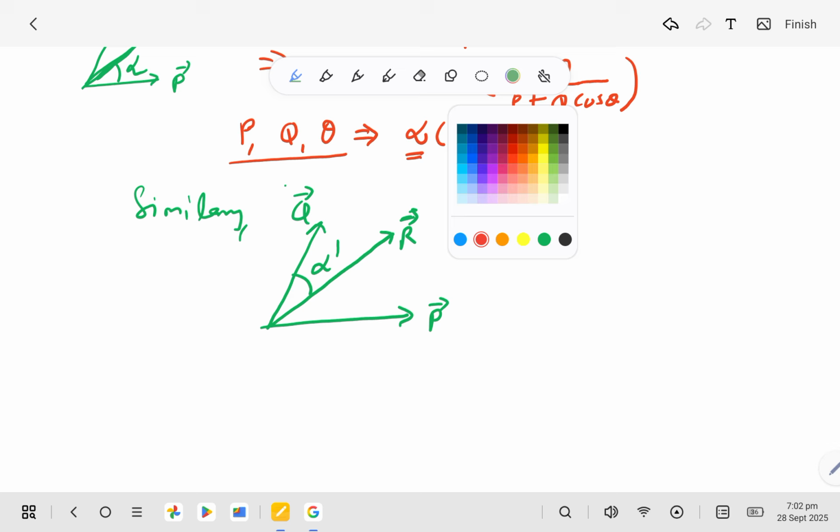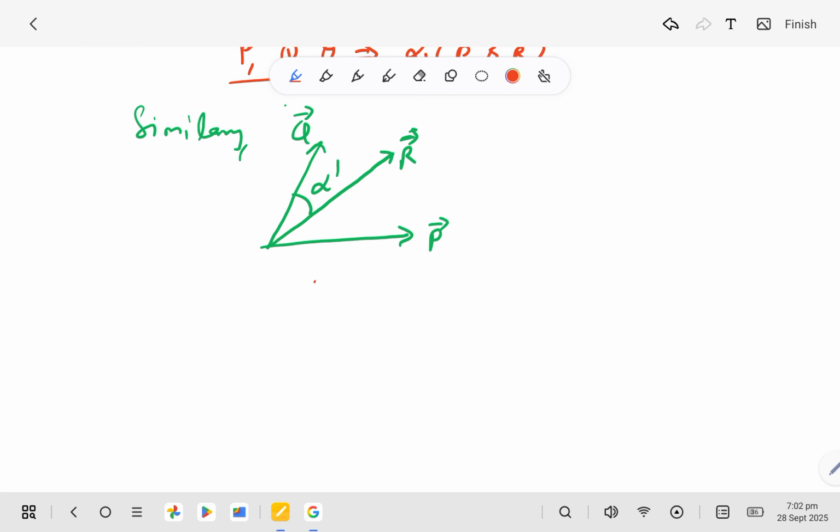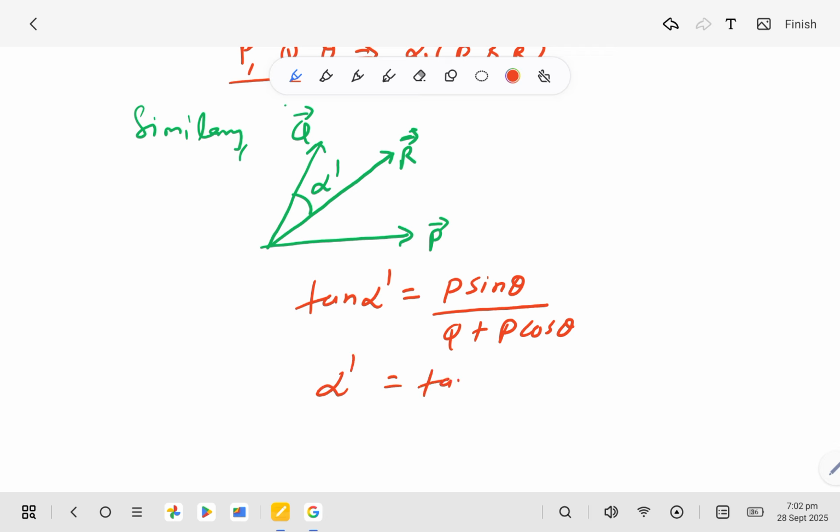So tan alpha prime will be P sin theta divided by Q plus P cos theta, or we can write alpha prime equal to tan inverse of P sin theta divided by Q plus P cos theta.